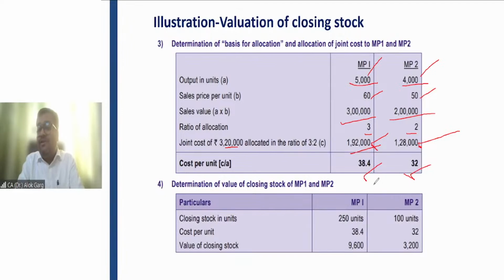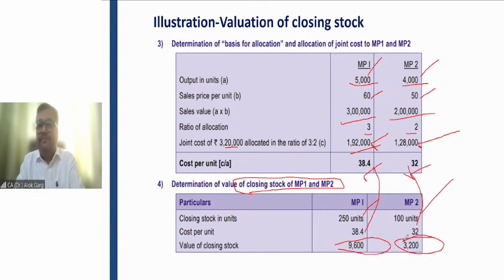Now, what was the ask of the question? Determine the closing stock value of MP1 and MP2. My closing stock was 250 units and 100 units. My cost is 38.4 and 32. And this is my value of the closing stock, 9,600 and 3,200. Right?